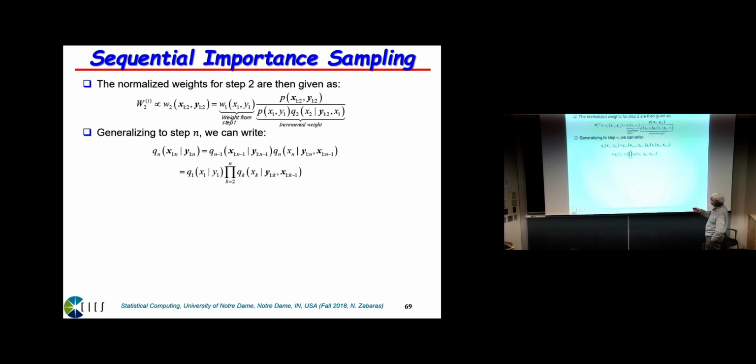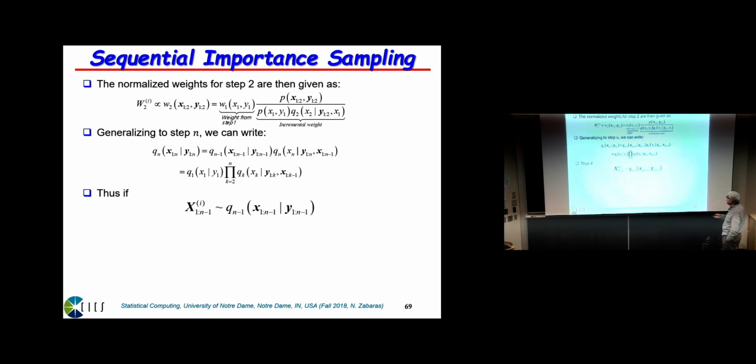this proposal distribution is going to look like this. So the Qn is going to be the previous proposal distribution Qn minus 1, and then Qn is going to give us xn for each of the particles we sample up to time n minus 1. So you can write this in a product form like this, okay?